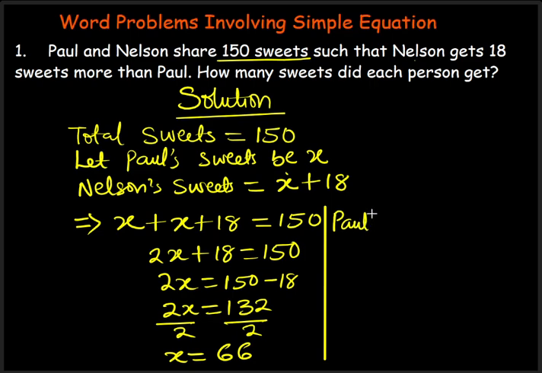Paul's share is equal to, now what was the number of sweets Paul got? Paul got X. We've gotten our value of X to be 66. So Paul's share is equal to X, meaning that the number of sweets Paul got will be equal to 66. This is where we do substitution. Then we move to Nelson's share.